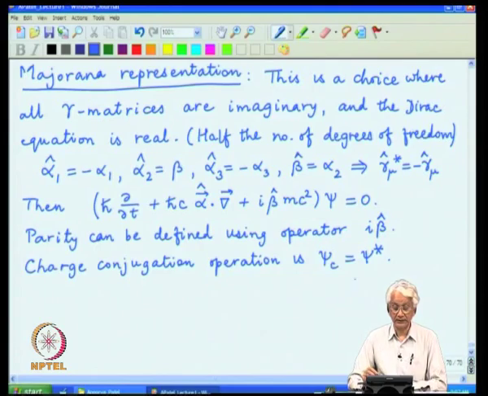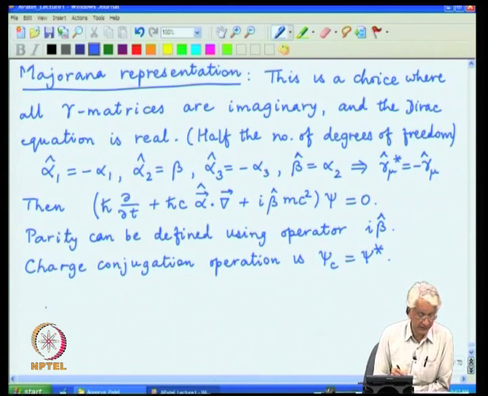And if we choose the solution psi to be real, that means the charge conjugated solution is equal to the original solution.